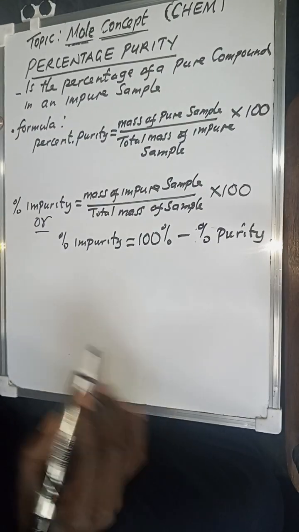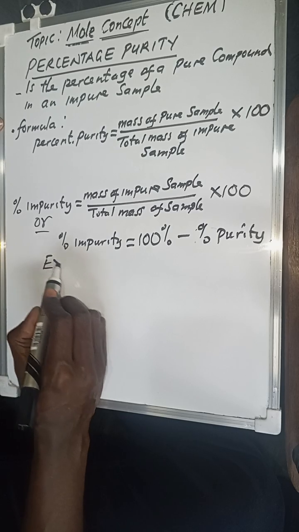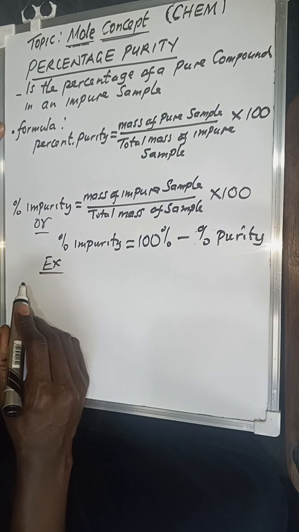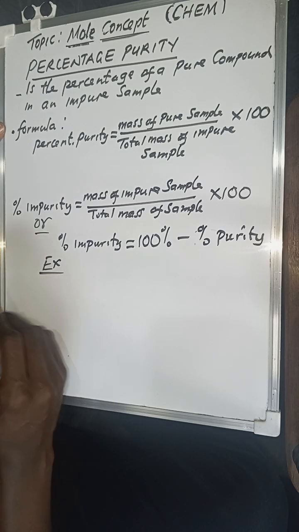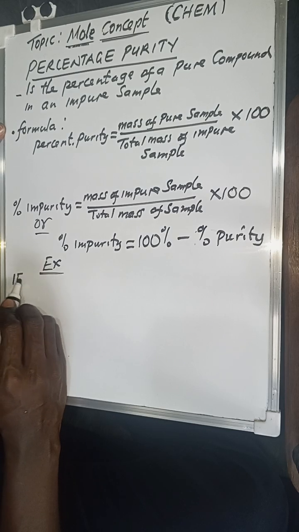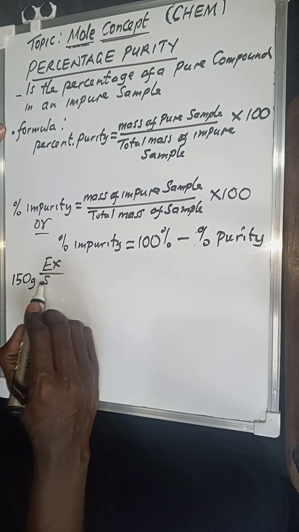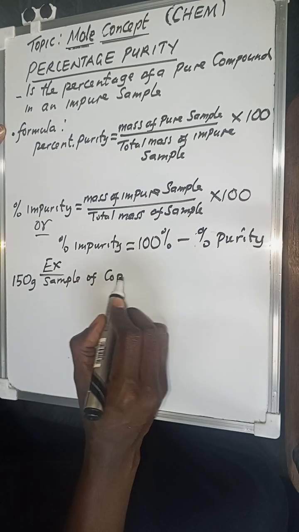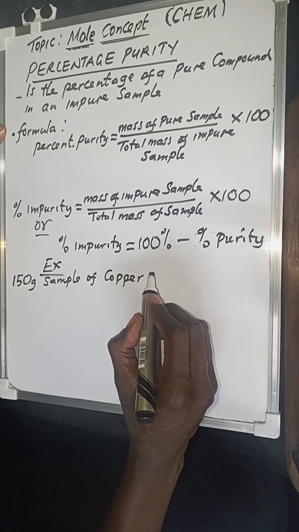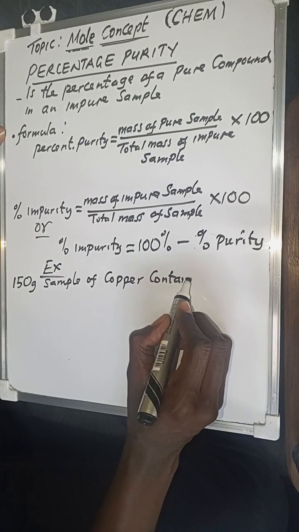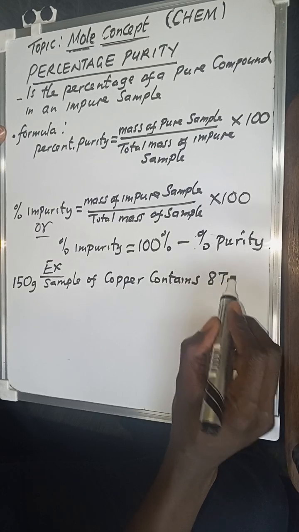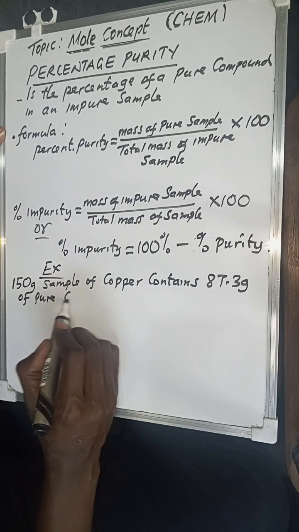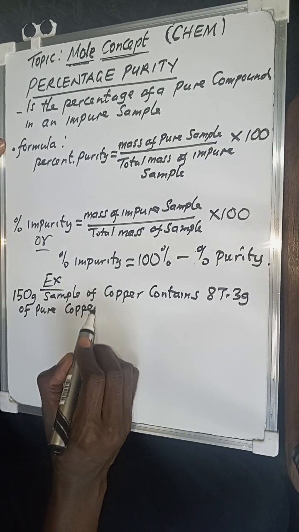But let's show you using an example without wasting time, so that we can see how we can go about it. We can simply say that a 150 gram sample of copper contains, let's say, 87.3 grams of pure copper.